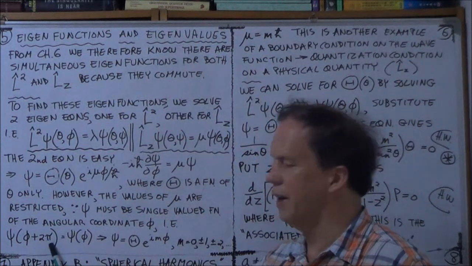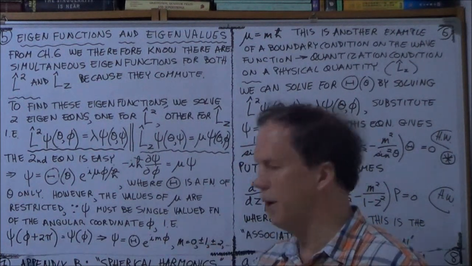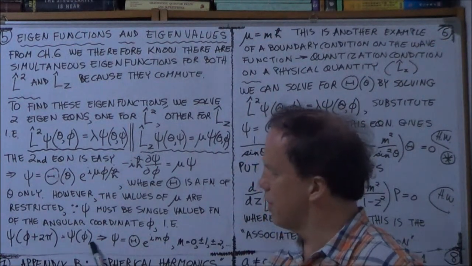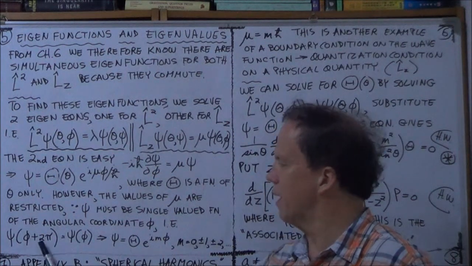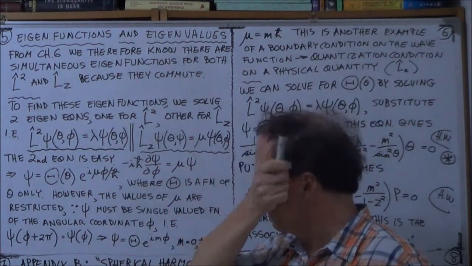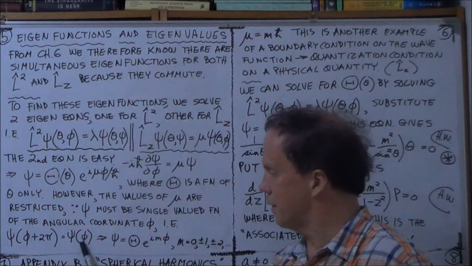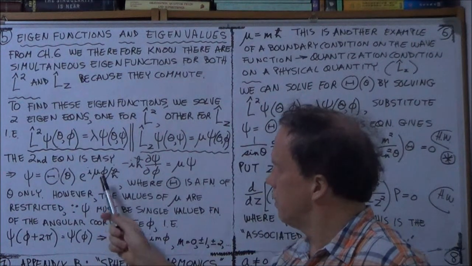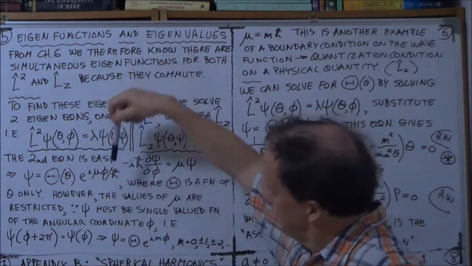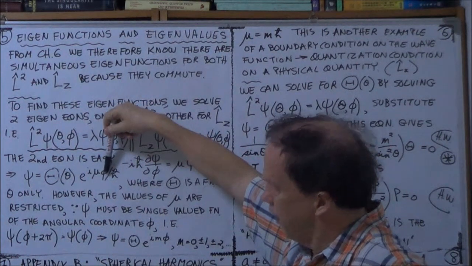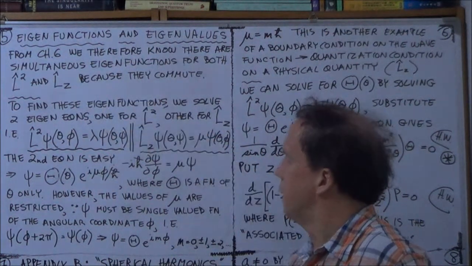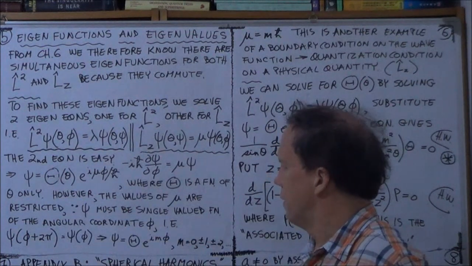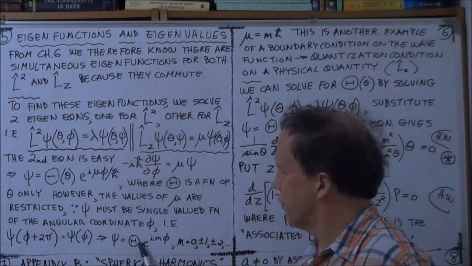So if we add 2 pi to the angle, we're at the same angle. If you put phi plus 2 pi here and insist that the whole thing ends up the same, then that implies that this is of the following form.